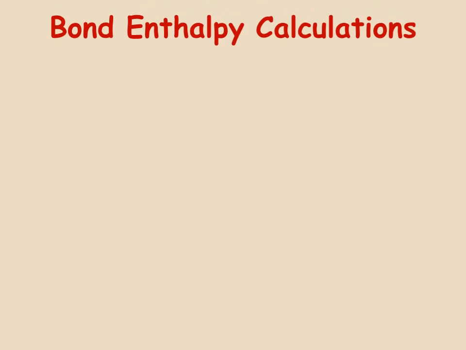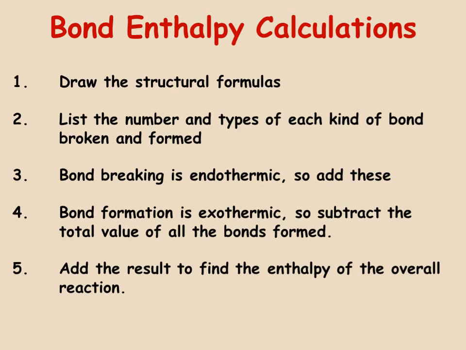So, here we can calculate. There are certain rules you have to follow to calculate bond enthalpy, right? First of all, you have to draw the structural formulas to know how many bonds are broken and how many bonds are made, and list the number and types of each kind of bond broken and formed.